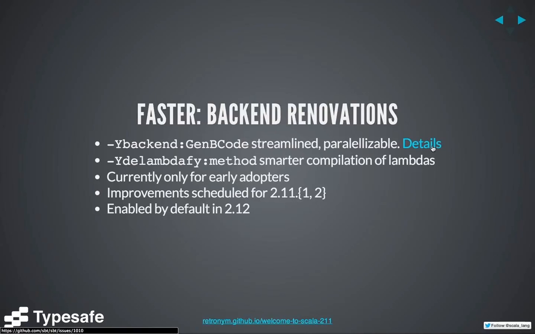Miguel Garcia from the EPFL Scala team has generated a new backend for Scala, which is streamlined in that rather than representing your code in this intermediate representation called iCode through the compilation pipeline, it instead skips that step and goes directly from the Scala trees to JVM bytecode.